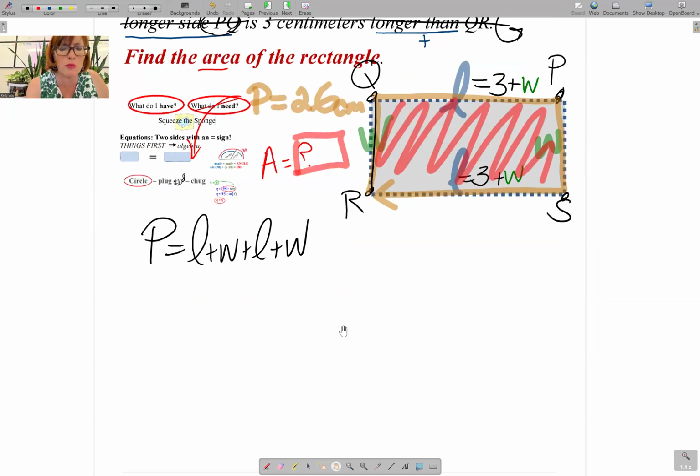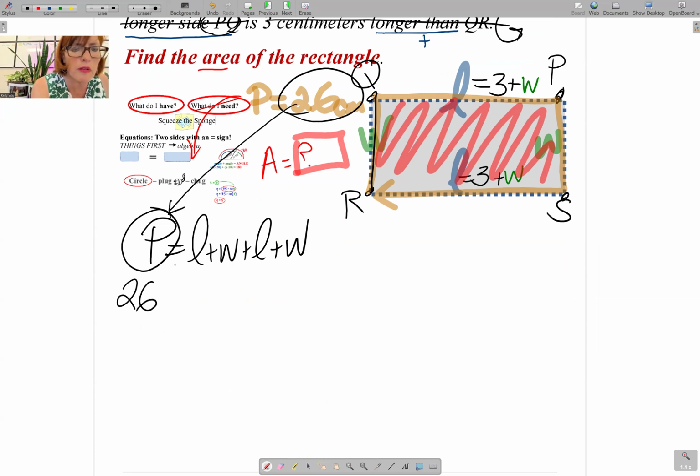Let's see if I can do some circle, plug, chug. Watch. Circle perimeter, circle, plug it in. Equals some circle. You're going to circle every aspect of the equation so you don't drop any piece of information. I circled the length. Come over here.